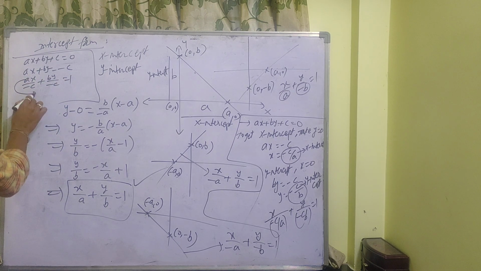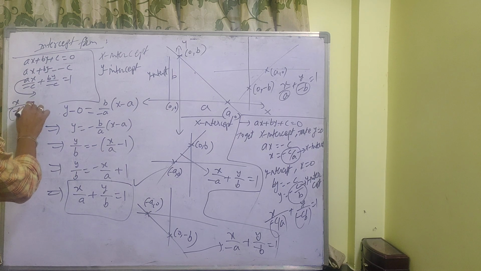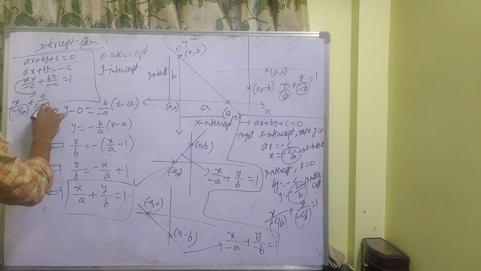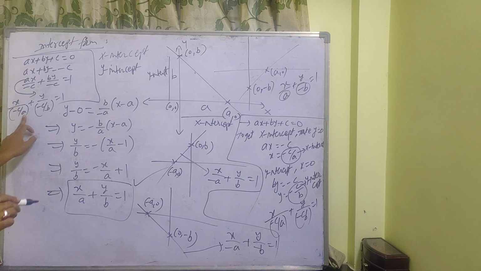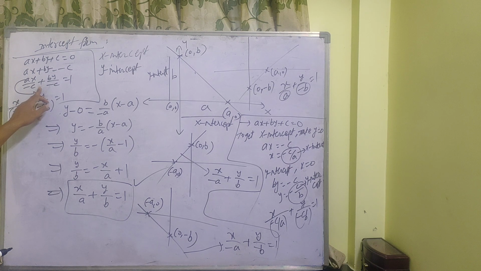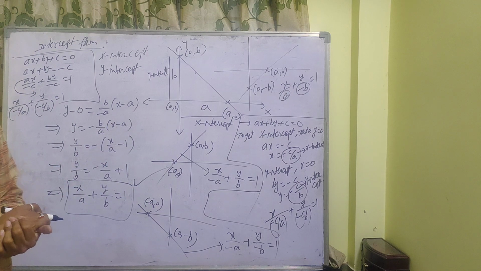Then this a is transposed to the denominator, so you have x by minus c by a plus y by minus c by b is equal to 1. If you want to simplify, a goes to the numerator and b goes to the numerator, so again you will get this form. So the x-intercept is minus c by a, and the y-intercept is minus c by b. These are the two methods.